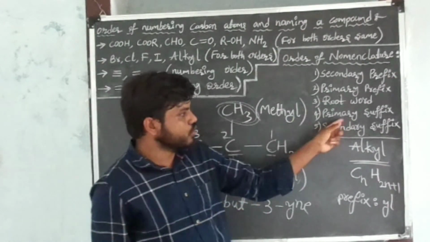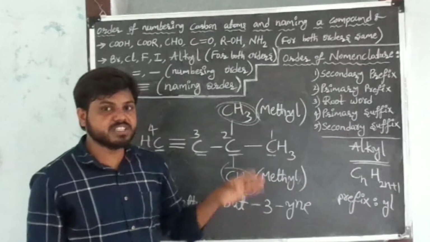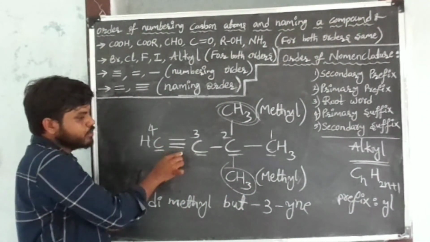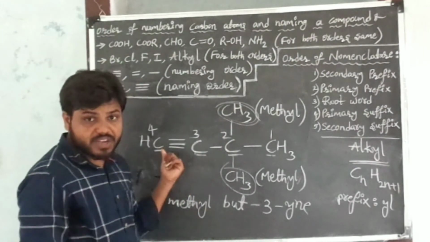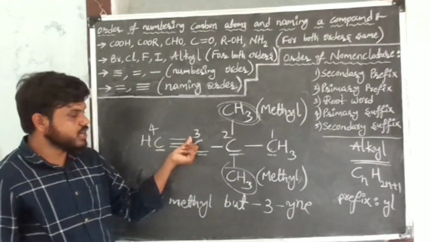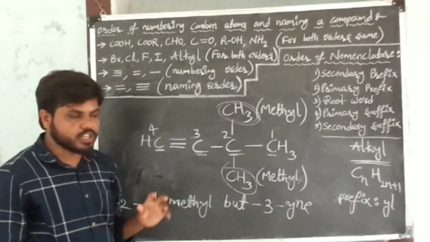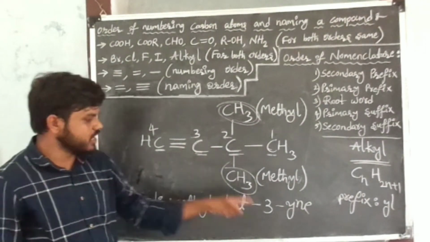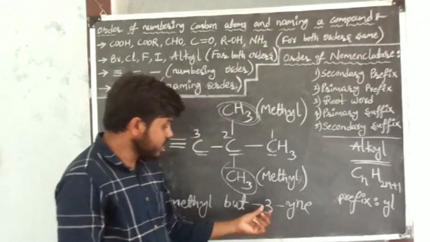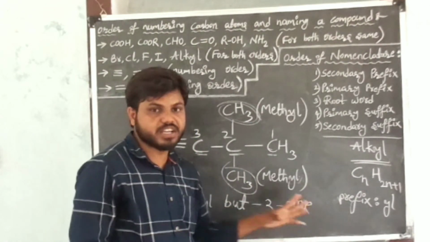After writing the root word, go to the primary suffix. Primary suffixes are single bonds, double bonds, triple bonds. In the given carbon compound, one triple bond is there, and the remaining are single bonds. When we have a triple bond, don't write the suffix of single bonds. Just write the position of the triple bond and the suffix of the triple bond. The position is the third carbon, and the suffix is yne, pronounced 'ion'.